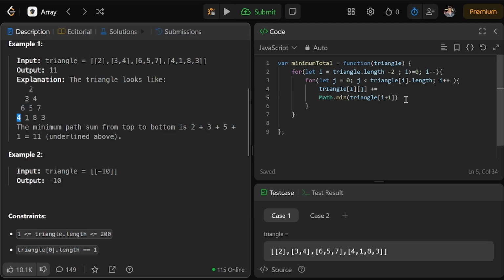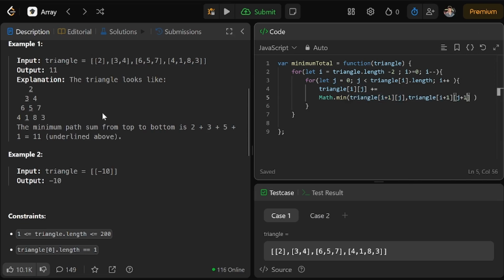So that's i plus 1, and then j. And then same thing, but j plus 1, so to the right of that element. Either of those two will be added.